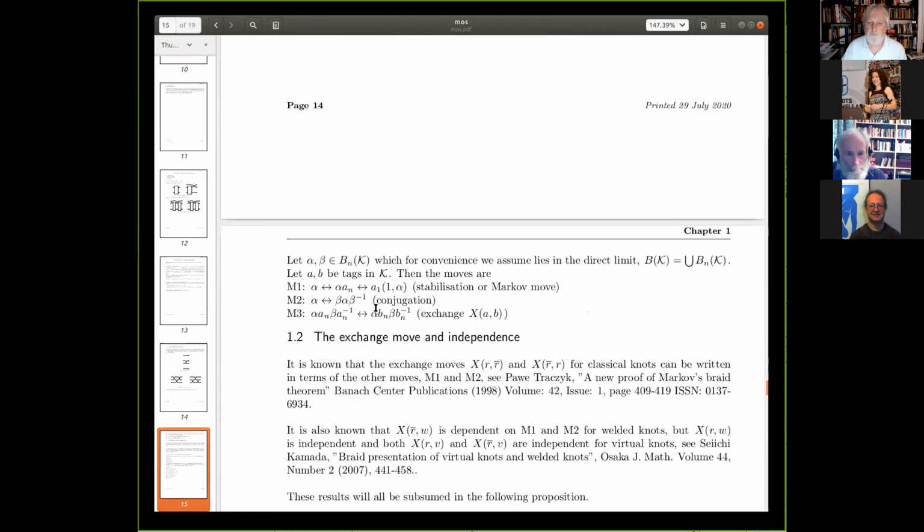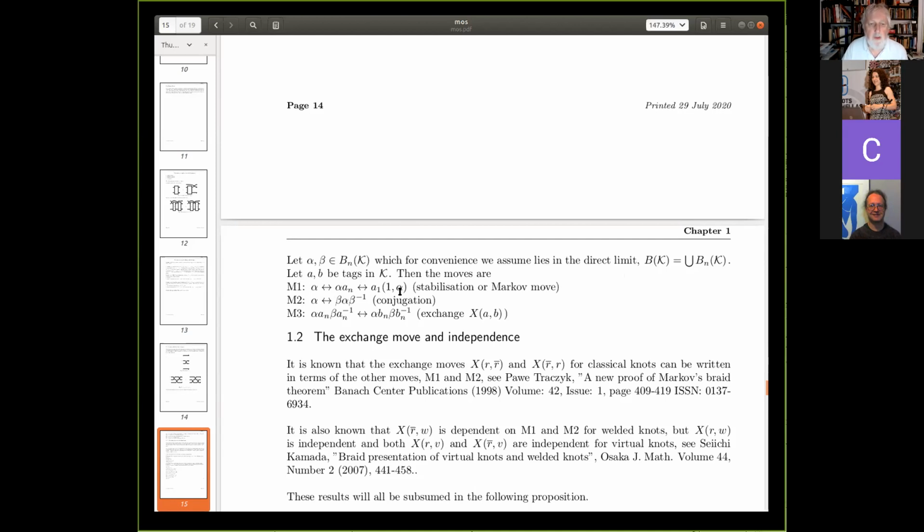And then, so supposing we've got braids in a generalized braid group B_n(K), where K is some knot theory, and A and B are tags in K, then the moves are, so I'm assuming it lies in a limit, so I can multiply alpha, which is in B_n(K), by A_n, which is in B_{n+1}(K), you know, the usual Markov moves.